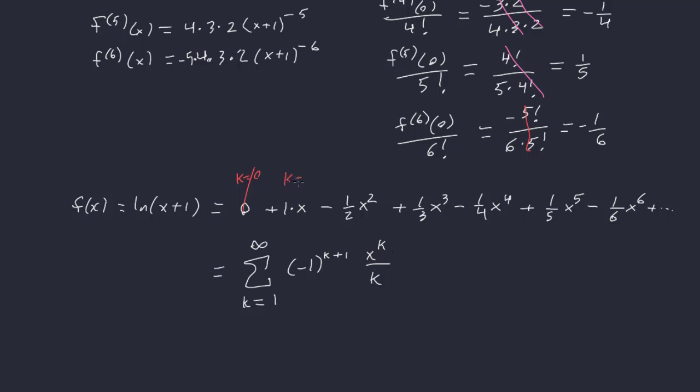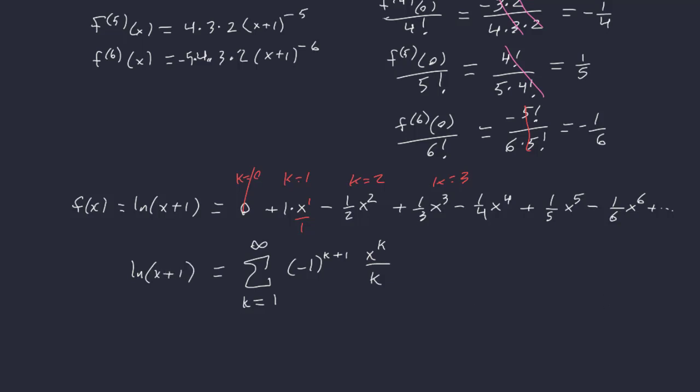Then this is k equals 1, this is k equals 2, this is k equals 3, 4, 5, 6, and as it always works, we have an alternating piece, and then it's always x to the k over k. So here it's x to the 1 over 1, x to the 2 over 2, x to the 3 over 3, x to the 4 over 4, x to the 5 over 5, etc.